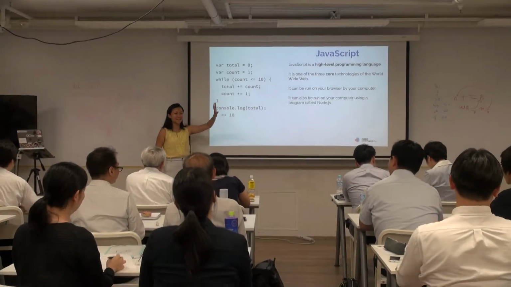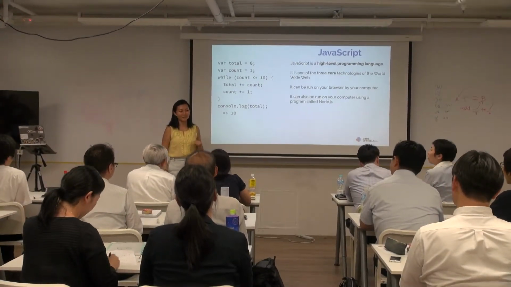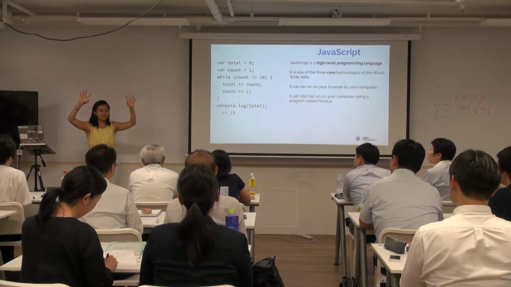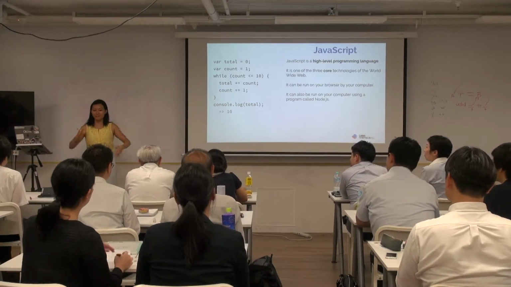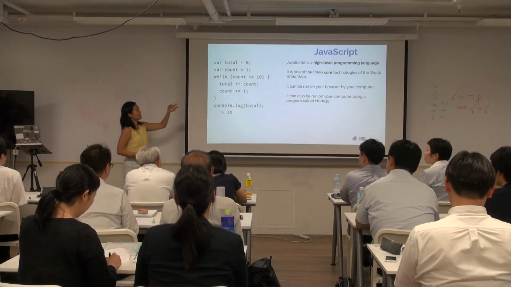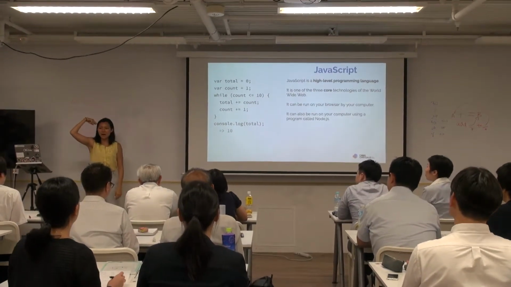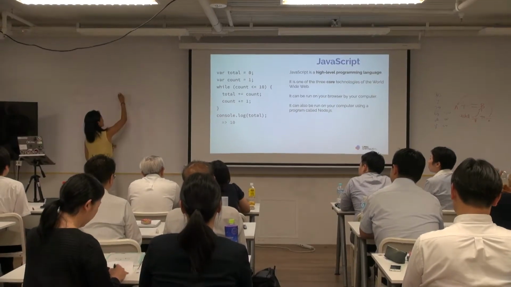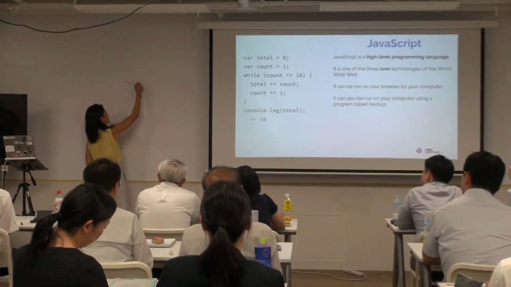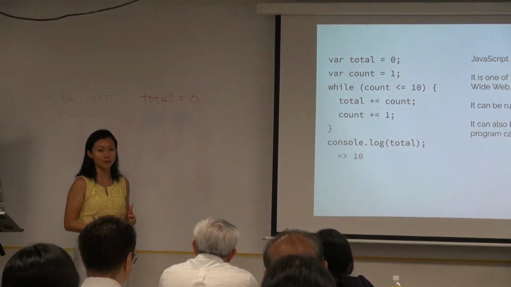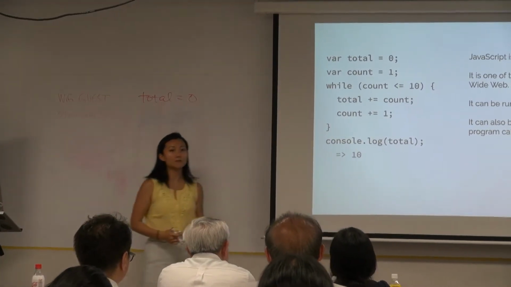Okay, so let's walk through it. Let's pretend to be computers. Explicit instructions. Var total equals 0. This means I need to remember there's something called total, and it is equal to 0 right now, the number 0. Var count equals 1.